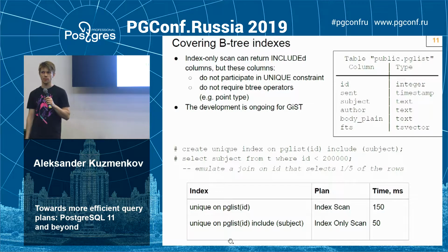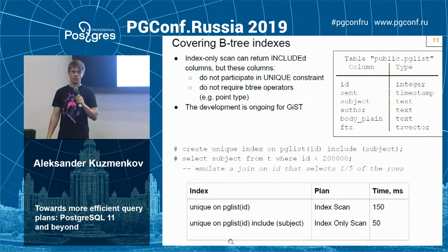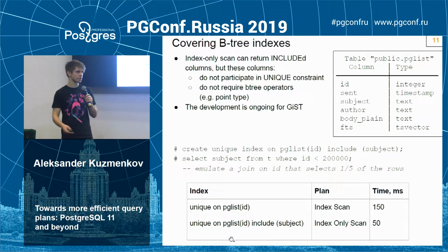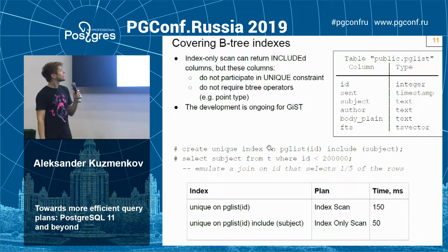If, for example, we have an index for a primary key and you often do some join and want to return a few columns, you can add them into the index as additional columns and you can get the index-only scan then. What are the advantages of this approach?